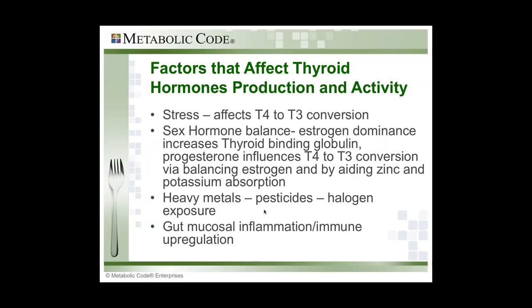If a person is estrogen dominant, that increases thyroid binding globulin. If they don't have enough progesterone, that affects the estrogen dominance ratio, but also influences T4 to T3 conversion. One of the ways progesterone is thought to maybe help this process is because it might be aiding zinc and potassium absorption. So there are many other areas that have to be assessed in order to properly address thyroid.